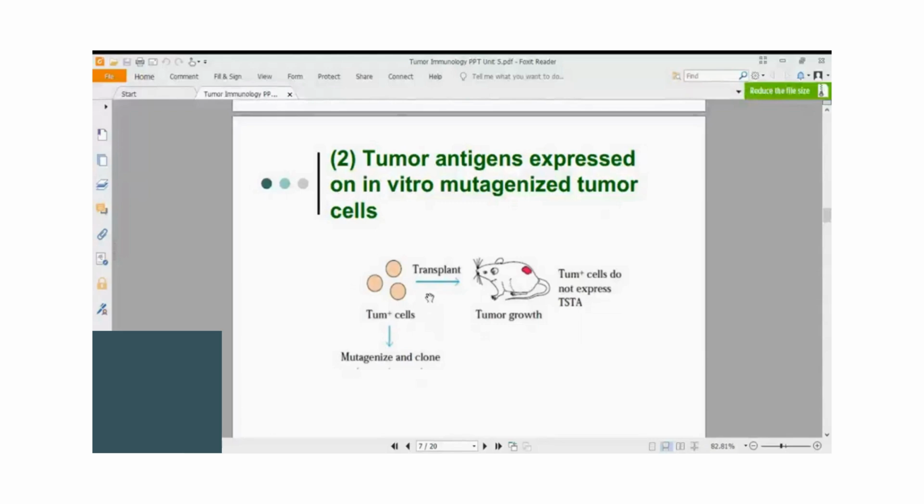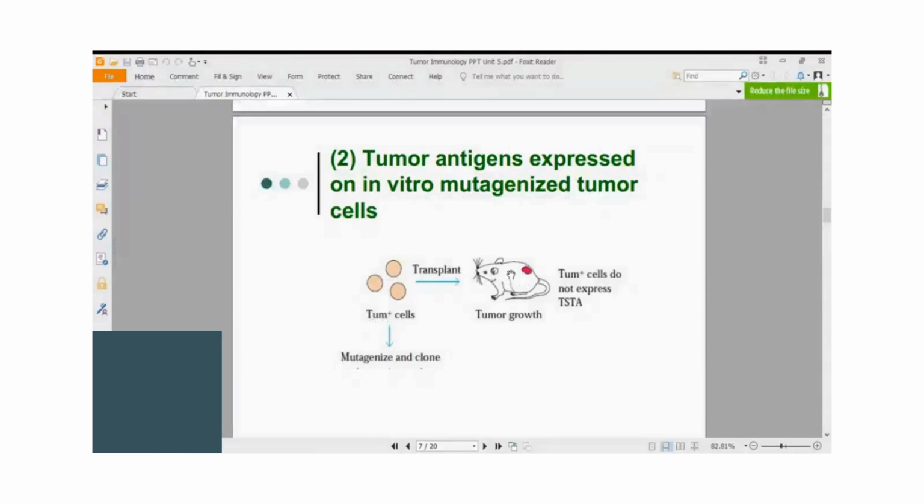A tumor may occur in a mouse due to injection or treatment of that mouse with a carcinogenic agent, and that tumor that grows in the mouse is called tumor plus. When you transplant those tumor cells into another mouse, which is a syngeneic mouse, meaning it has the same genetic constitution, these are all inbred mice.